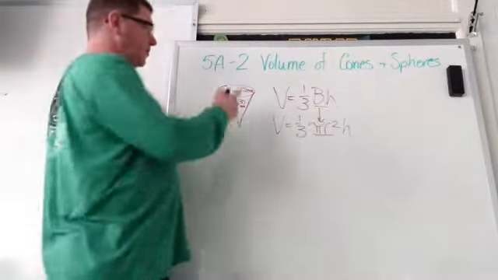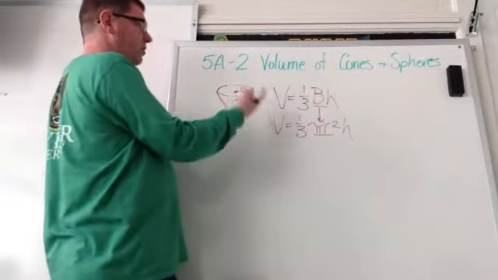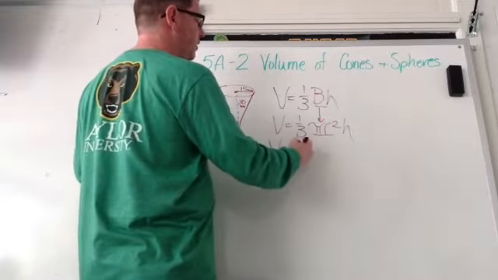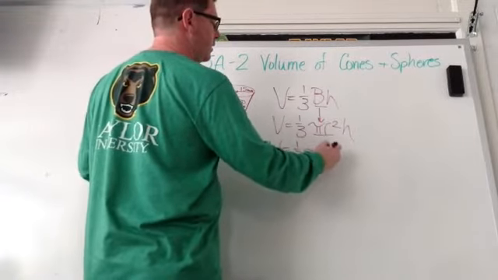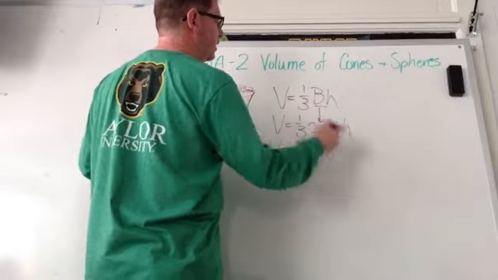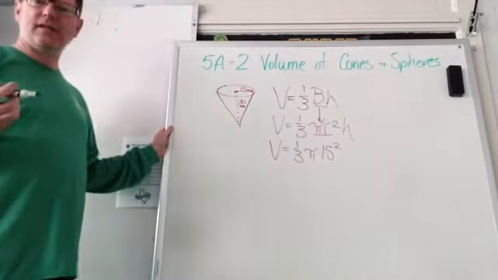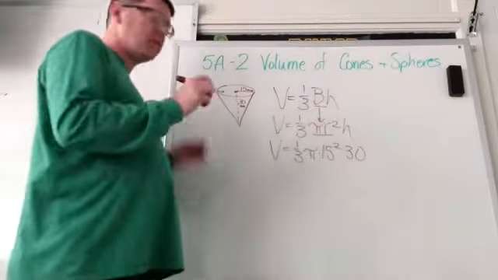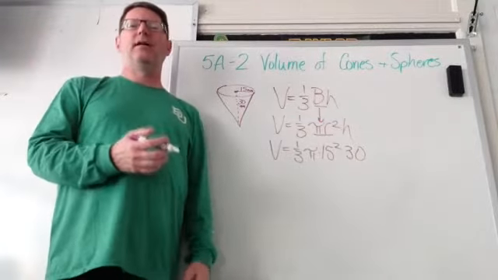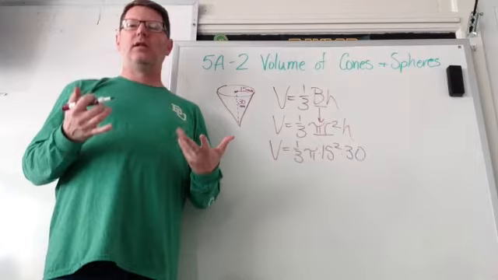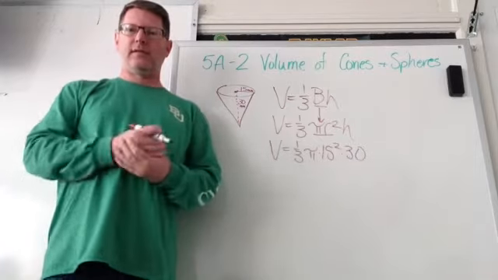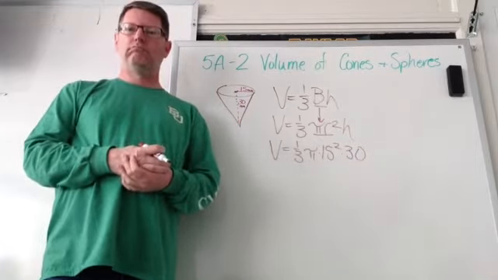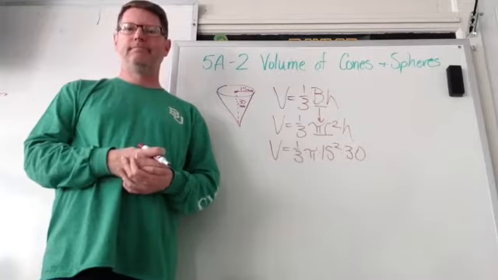In this case, r is 15, because it goes halfway across the circle, which is the radius. So V equals 1/3 pi times 15 squared times the height of this cone, which is 30. I would plug that into my calculator, and that would give me the volume of this cone. That's all for this part.